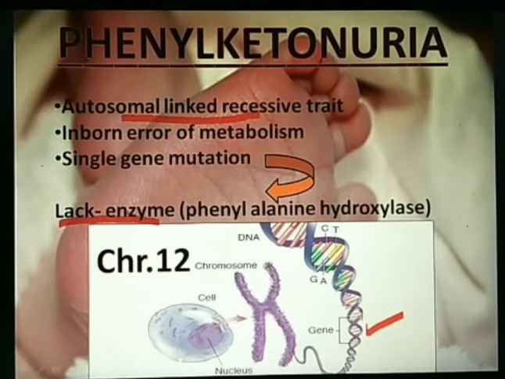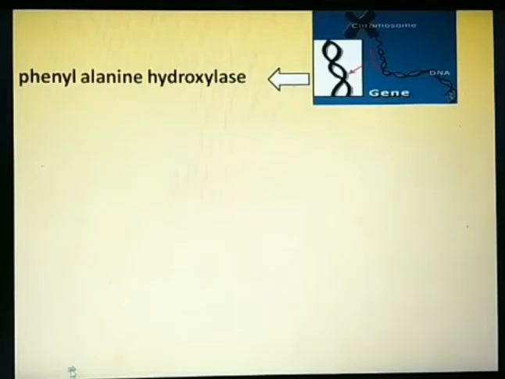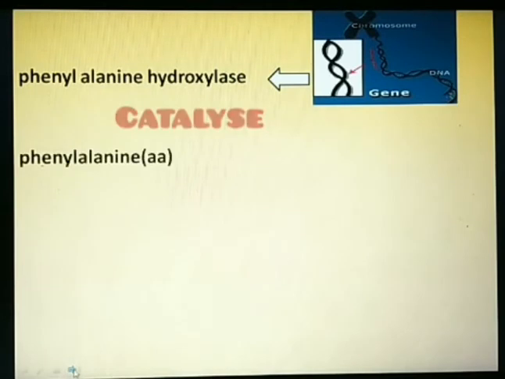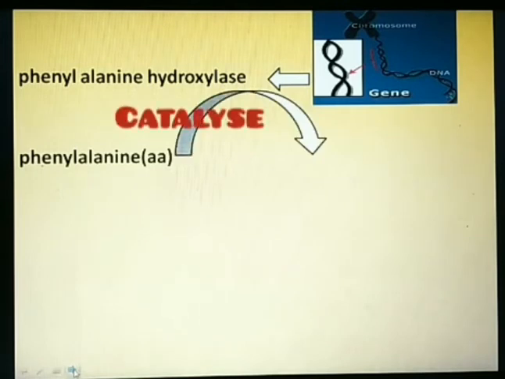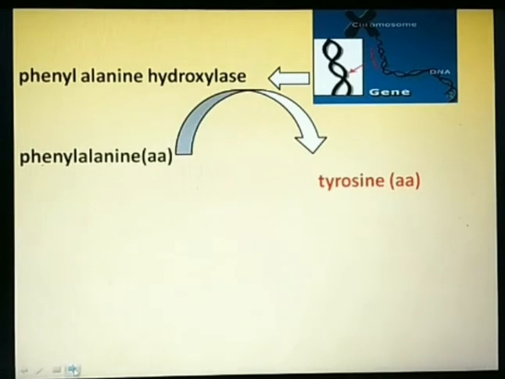So, what is the role of this enzyme in the human body? Phenylalanine hydroxylase catalyzes the conversion of an amino acid, namely phenylalanine, into another amino acid, that is tyrosine.